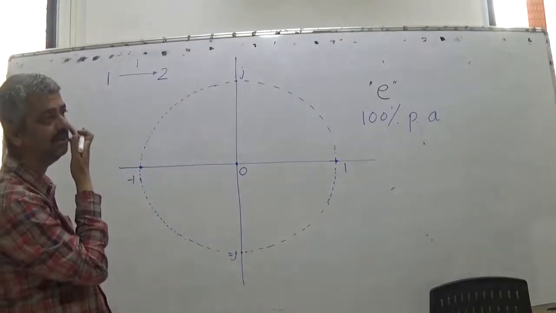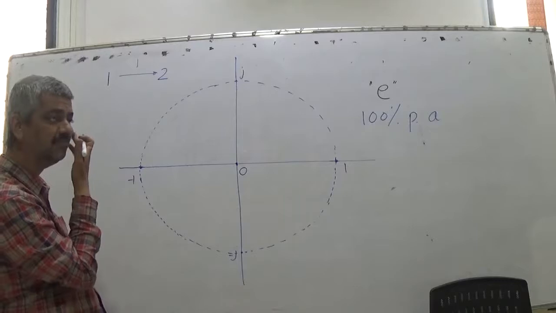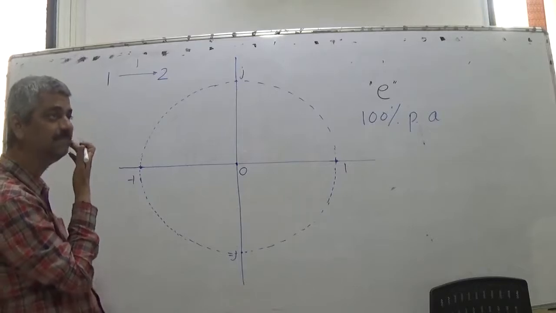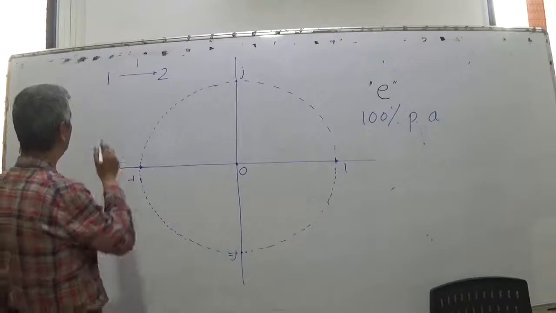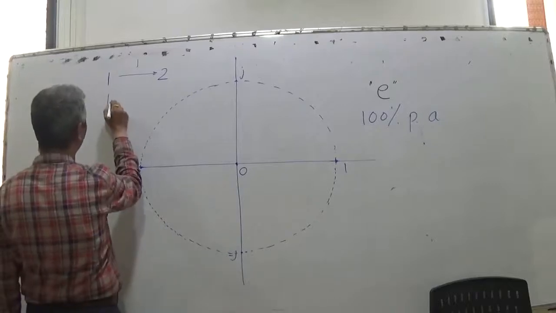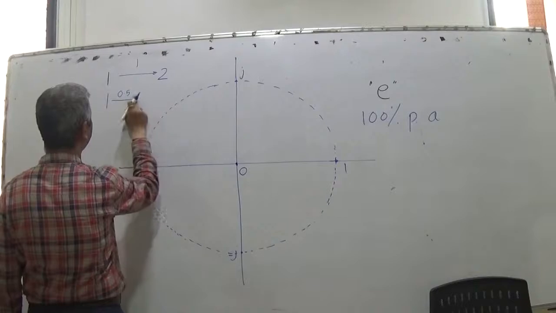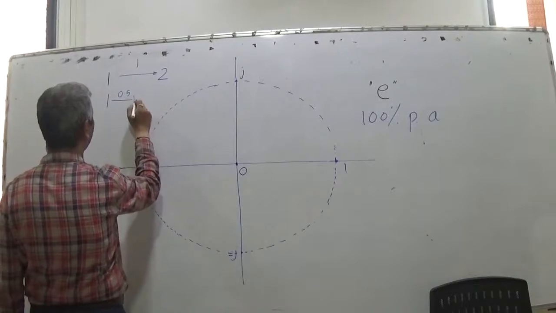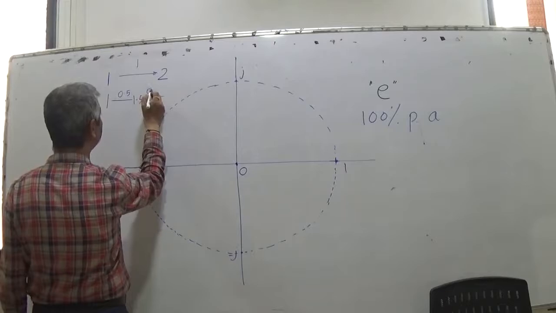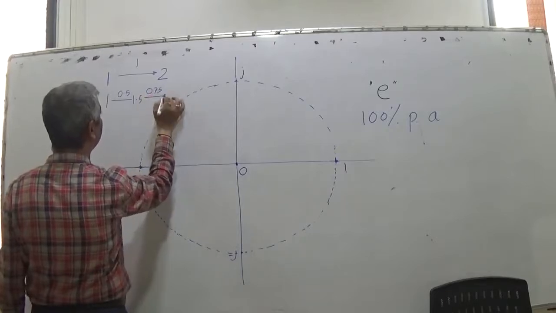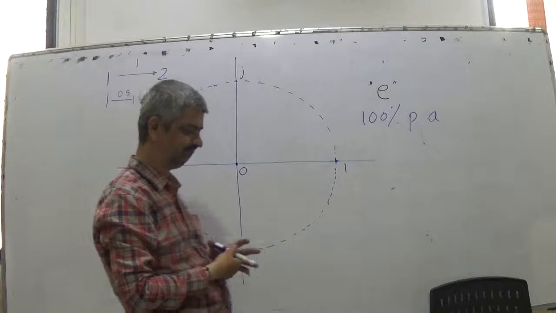Now interest is to be paid half yearly at 100% per annum, meaning 50% per 6 months, right? So there was 1 rupee. After 6 months, 0.5 was added, so it became 1.5. And then again in 6 months, 0.75 will get added, it will become 2.25.